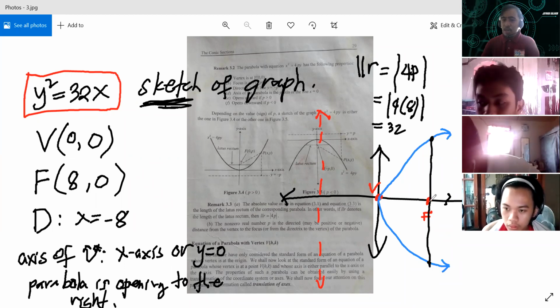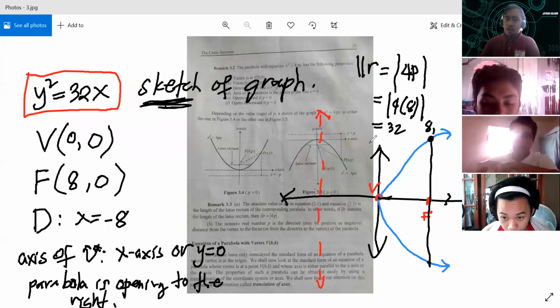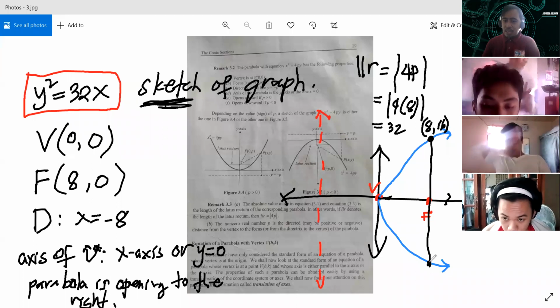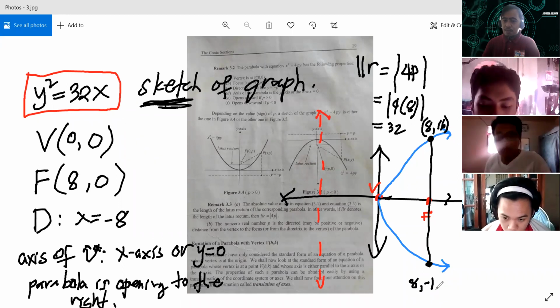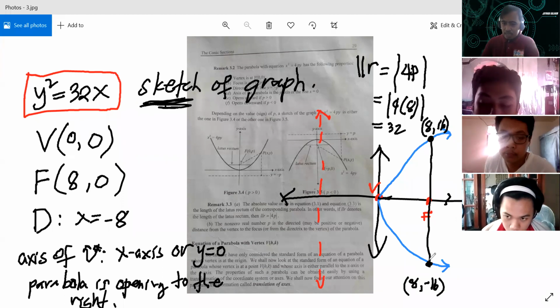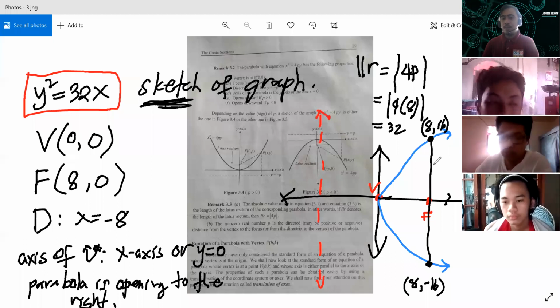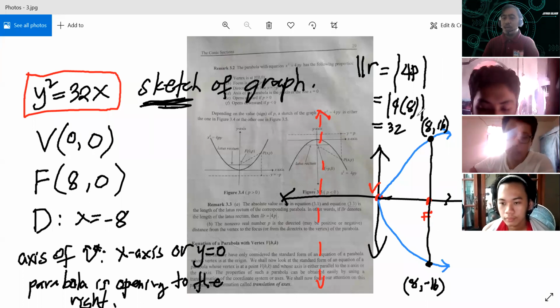Clear? So if you want to determine this point, your x is 8 and your y here must be 16. And for this point, your x is also 8, but your y must be negative 16 if you want to be exact with your parabola. This line here is called your latus rectum, and the length of that latus rectum is 32 units.